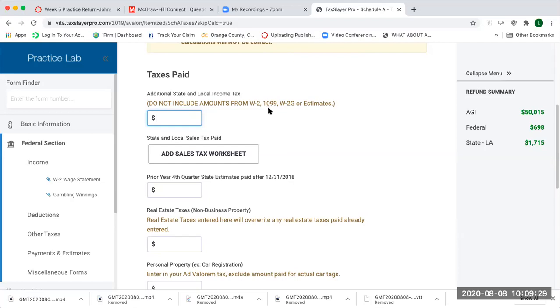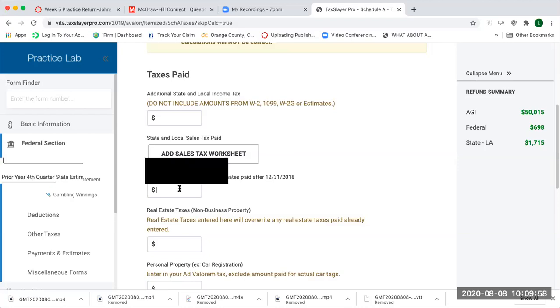So if it's W-2 withholdings, if it's estimated payments that are made, for W-2 wage earners, the state taxes generally will be deducted from the paycheck. So it will be included on the W-2. But for other types of income, for instance, someone in business themselves, then they'll have to also pay along the way during the year. So they will make it in the form of estimated payments.